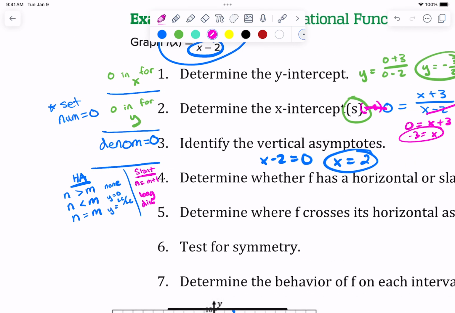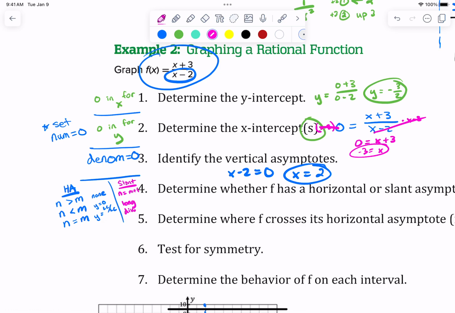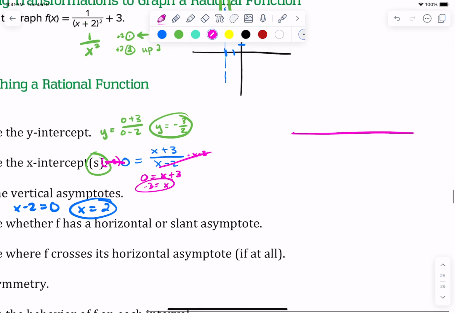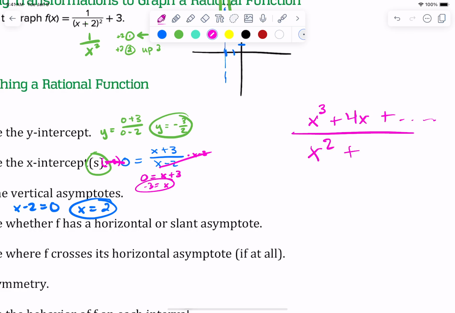All right, so let's decide. Why can't we do synthetic? You can technically do synthetic if you want to. And it's everything except the remainder. Unless, let's say you have x to the third plus 4x plus blah blah blah over x squared plus 5x plus 6. You cannot do synthetic division to that one.